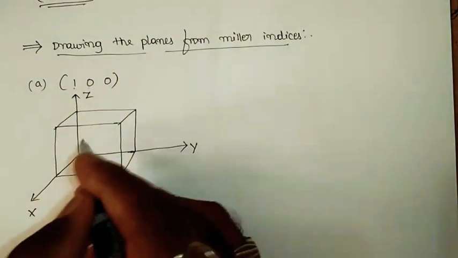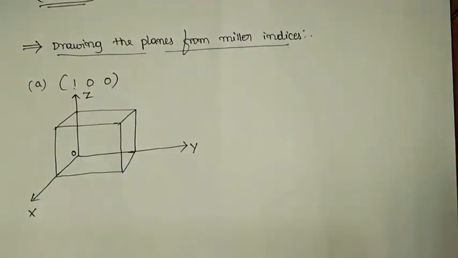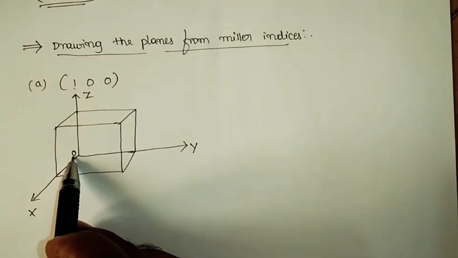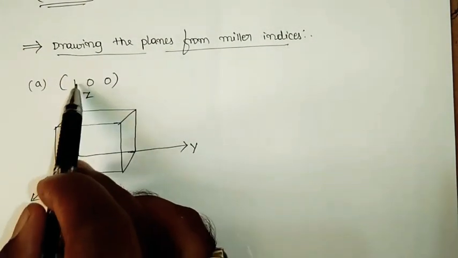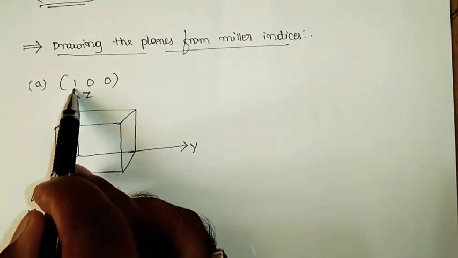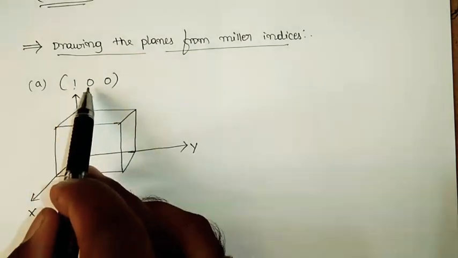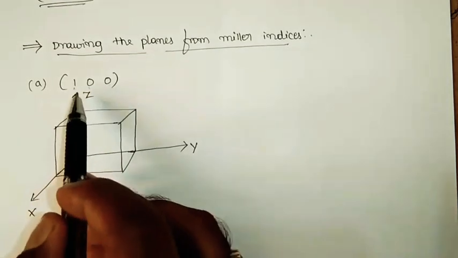That's why it is showing 0. This is the origin, right? The plane given in terms of Miller indices has orientation only along the x-axis, and it is parallel to the other axes, so it does not have any value, giving 0.